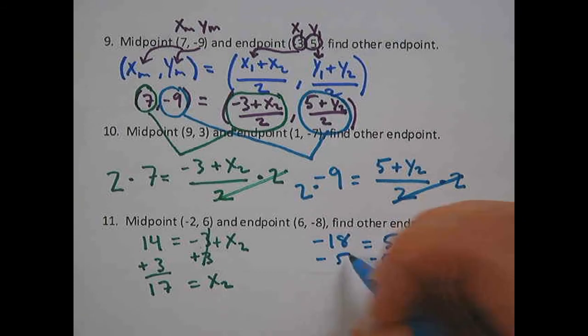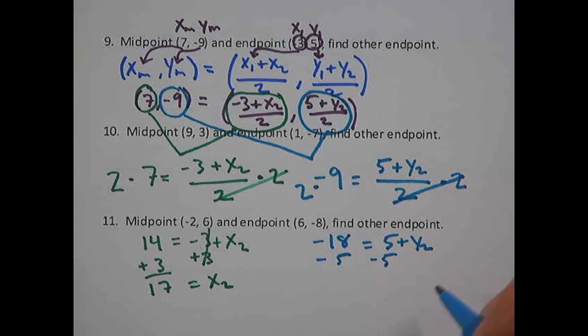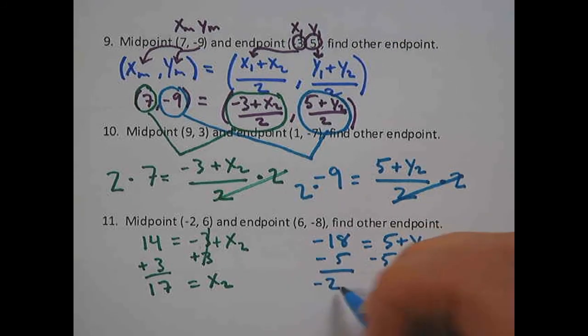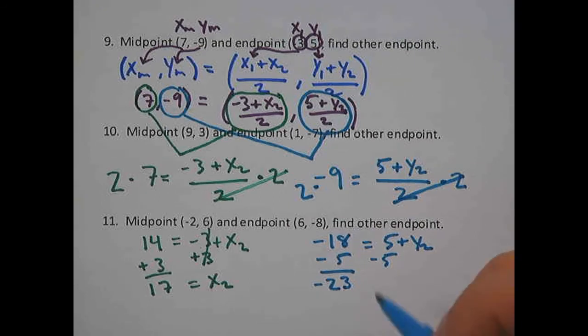sides. -18 minus 5 is negative 23. If you're ever having trouble adding and subtracting the integers, just make sure you use a calculator to double check yourself. You don't want to have that be the step where things get messed up.